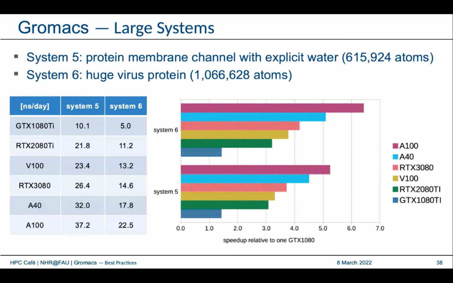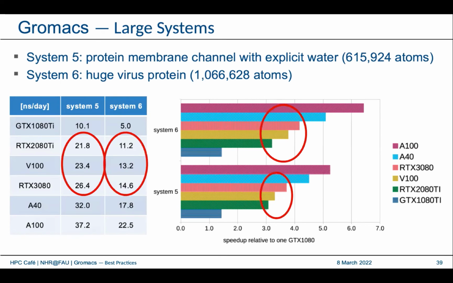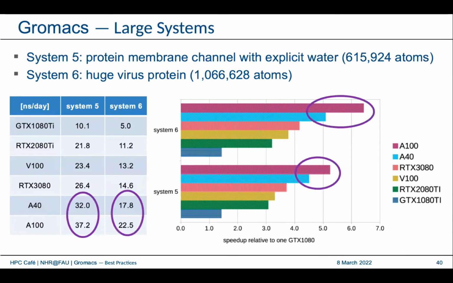So you need to do benchmarking to find out whether you can use multiple GPUs or whether you lose performance if you do. Again, there's only a small difference between the RTX cards and the V100, but there is an obvious increase in performance when switching to the large systems. The A40 and the A100 are the Ampere architecture, and they have a great number of CUDA cores and a large memory bandwidth.